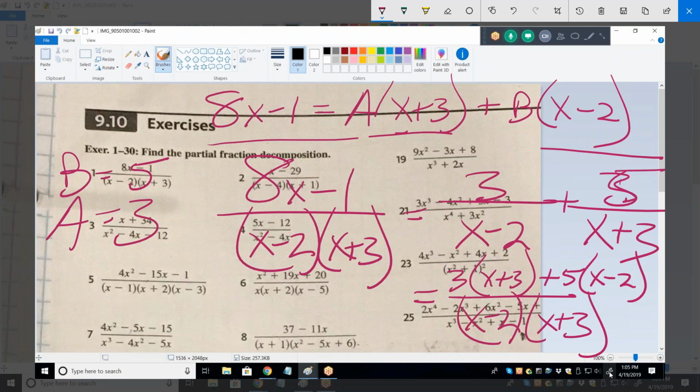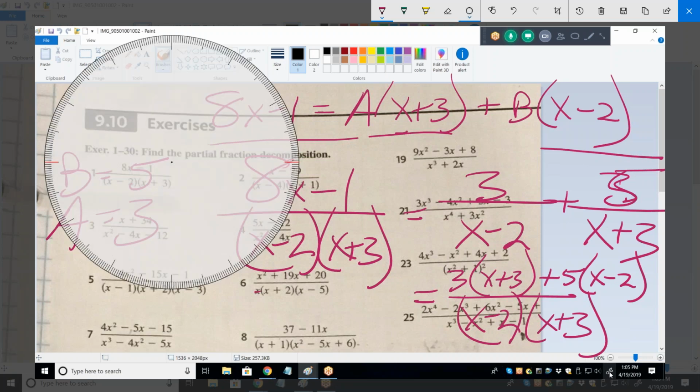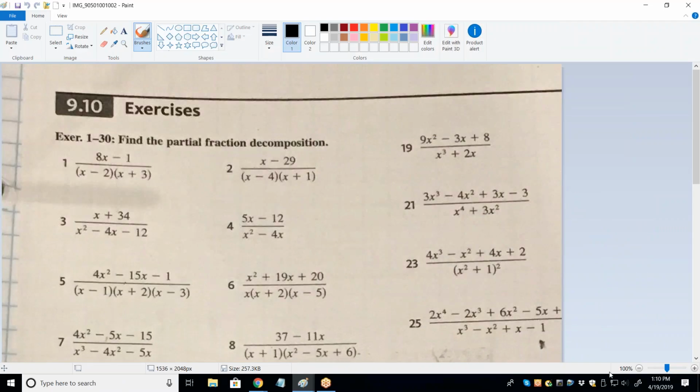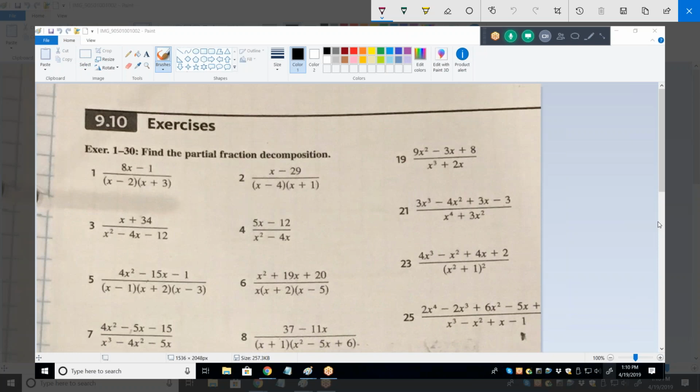Okay, that just merely shows you that you did it correctly. So if we're decomposing this, what was A?